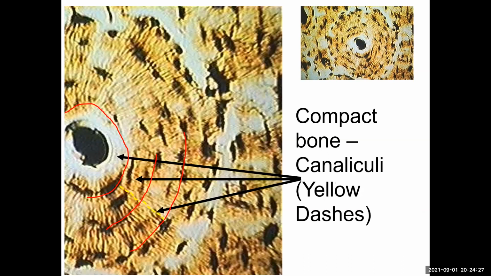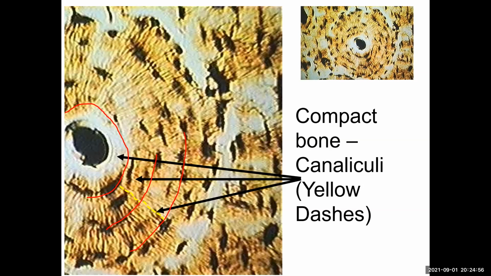And then you'll notice, from the lacuna, these little black lines here. Here's some good ones here. Those are called canaliculi. That's a way for these osteocytes to communicate with one another.